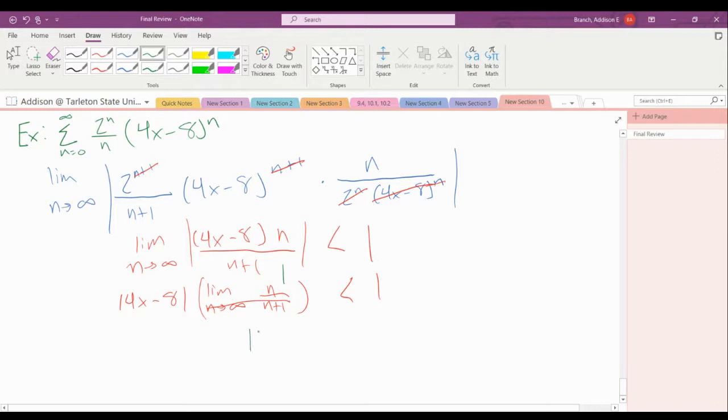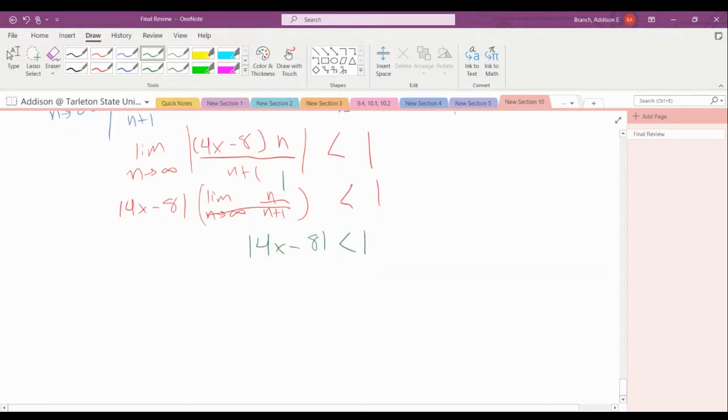So therefore we can say that our absolute value of 4x minus 8 is less than 1. We can also take care of that absolute value by saying that -1 is less than 4x minus 8, which is less than 1.